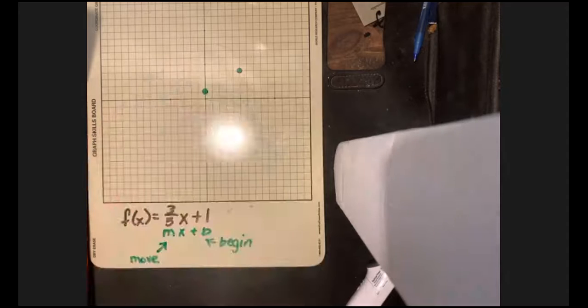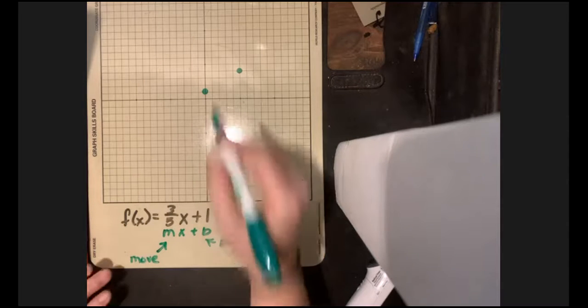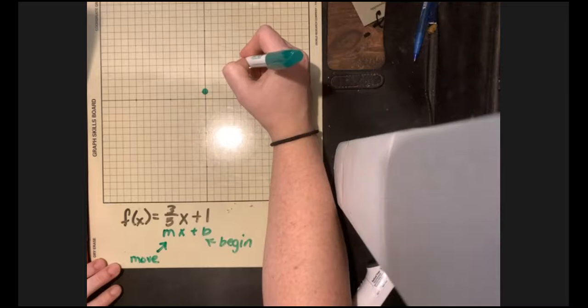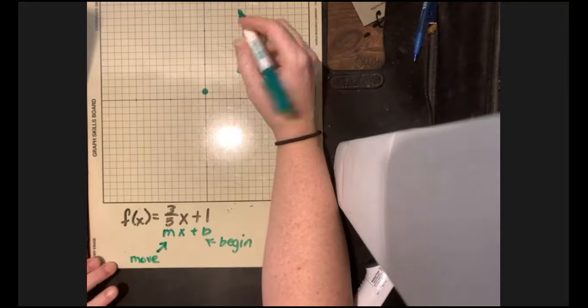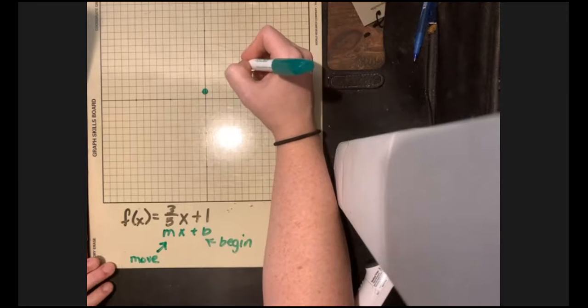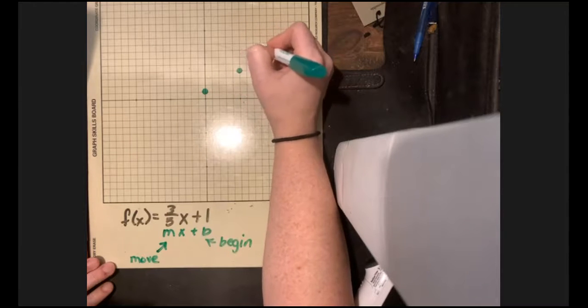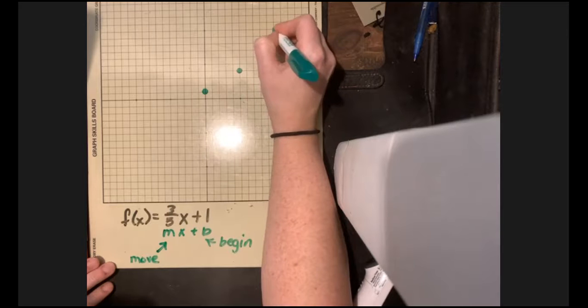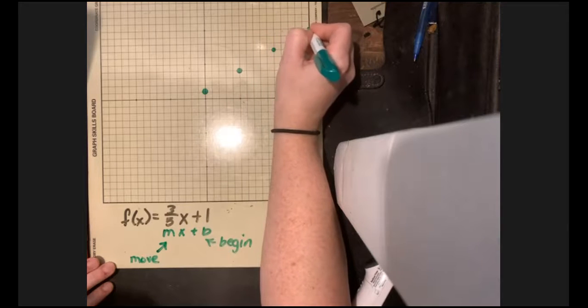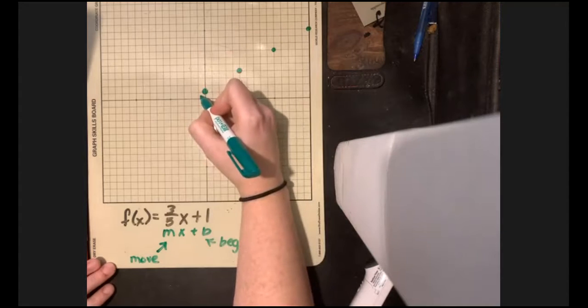Now, technically, you only have to have those 2 dots to graph a line. However, oftentimes you will see us do it more than once, just so we have more dots to play connect the dots with, and we can make it a little bit straighter. And then you can reverse this, okay?